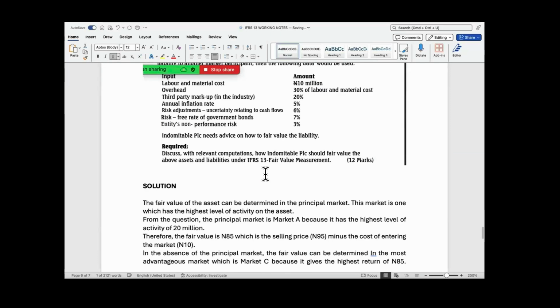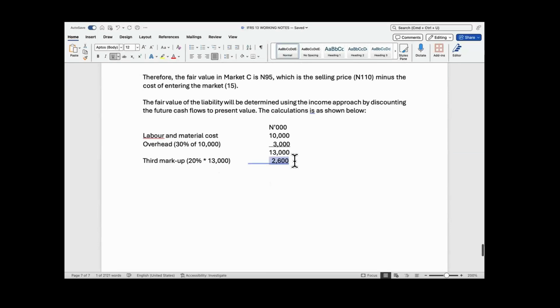Also, we will do annual inflation rates of 5%. So let me add this together. We are looking at 15,600.